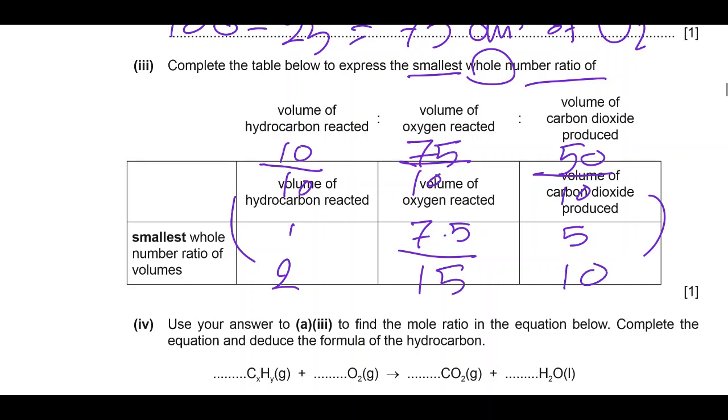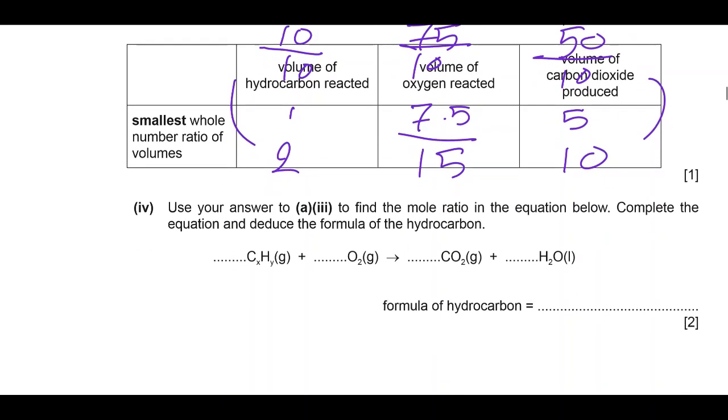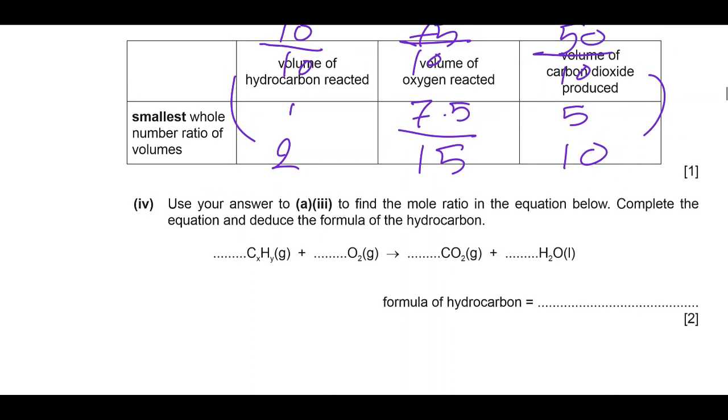So this is the smallest ratio with whole numbers. Use your answer to the previous part to find the mole ratio in the equation below. Complete the equation and deduce the formula of the hydrocarbon. So here you have 2, from oxygen you have 15, and from carbon dioxide you have 10.